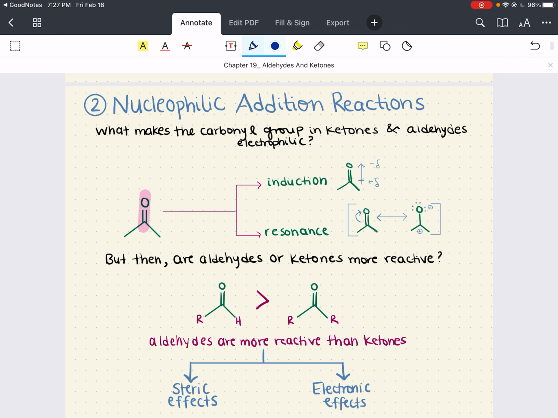Because they need to be electrophilic for these future nucleophilic addition reactions to happen. And the answer lies in the fact that the electrophilicity of a carbonyl group comes from two main things: the inductive effect of the carbonyl group and resonance.